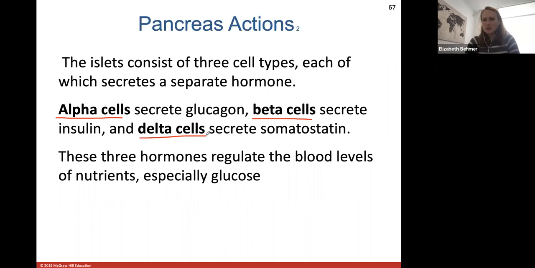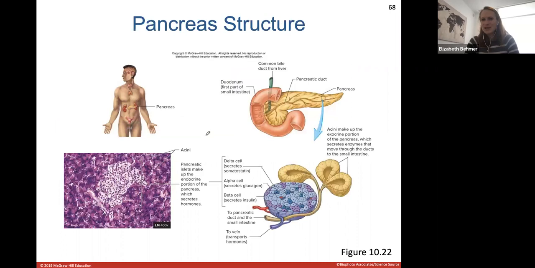And these 3 hormones will work together to regulate blood glucose levels and other levels of nutrients. So here we have the pancreatic islets of the endocrine portion, shown here in this multicolored islet. You can see the delta cells secreting somatostatin, alpha cells secreting glucagon, and beta cells secreting insulin.